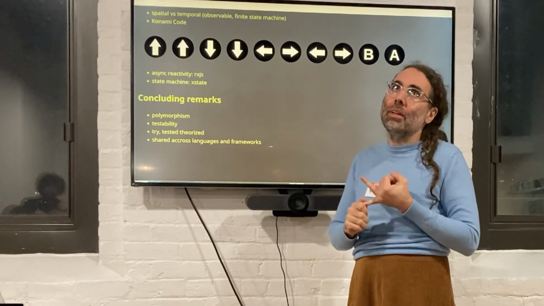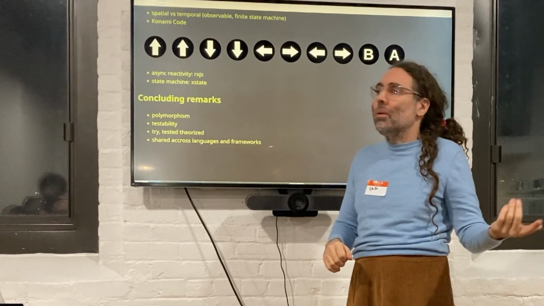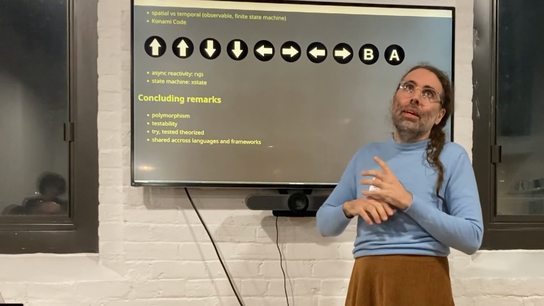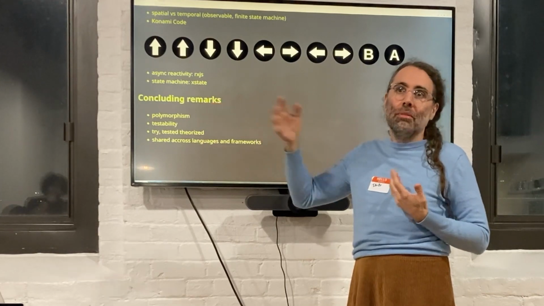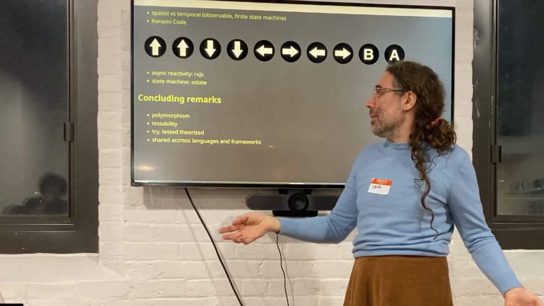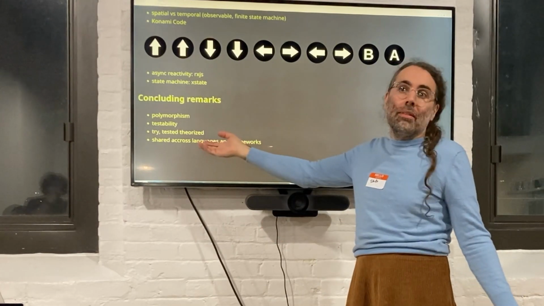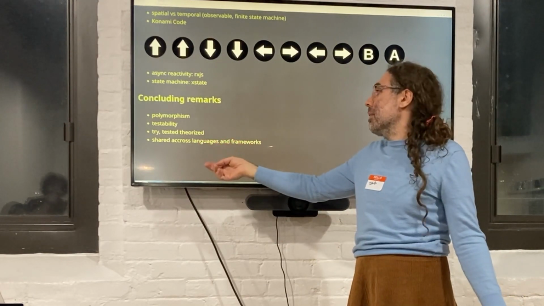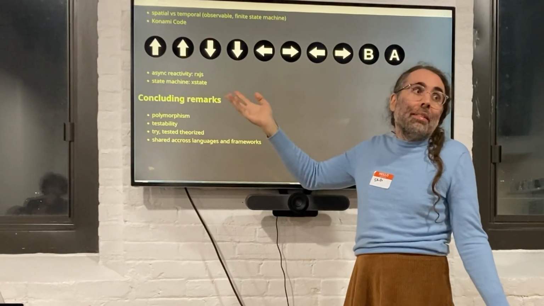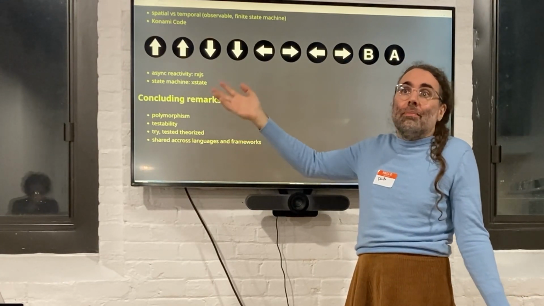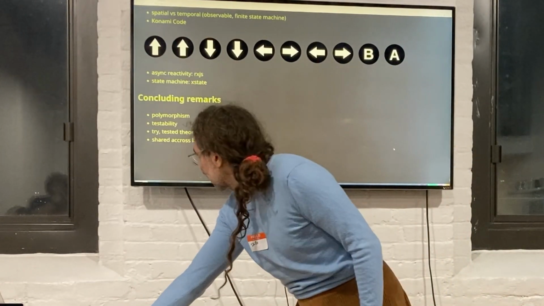Yes, you have it in Haskell and Scala, but you have it in Go. It comes from functional programming, but really it has spilled everywhere. So it's a shared language across frameworks. All the examples are with React, but there's nothing which is tightly coupled with React.